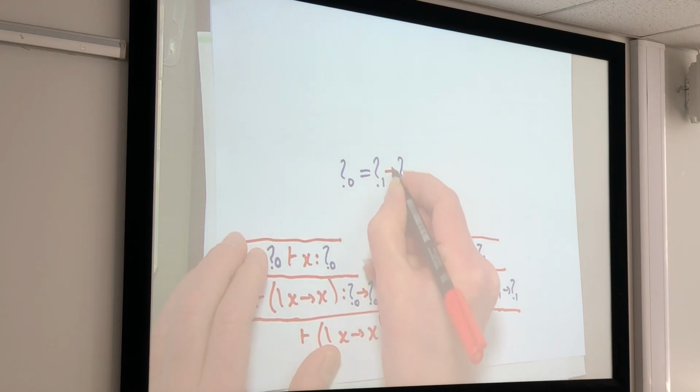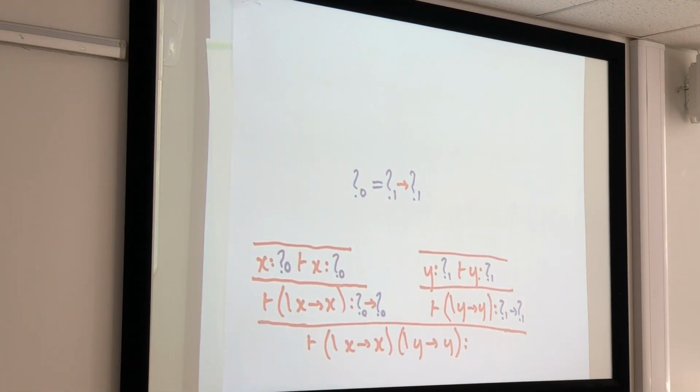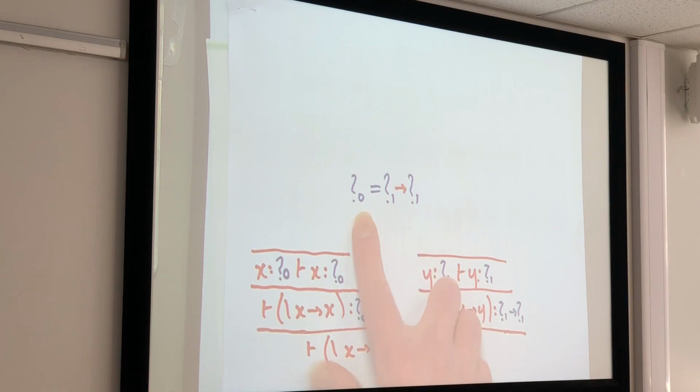So the application rule says we've got to satisfy this constraint. So what do we do? Well, this constraint is very easy to satisfy if we just decide to take question mark 1 arrow question mark 1 as the definition of question mark 0. Right? These were things we don't know.